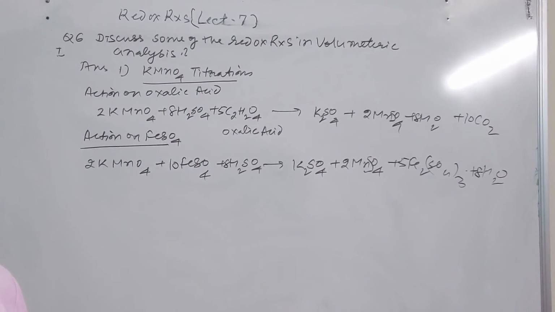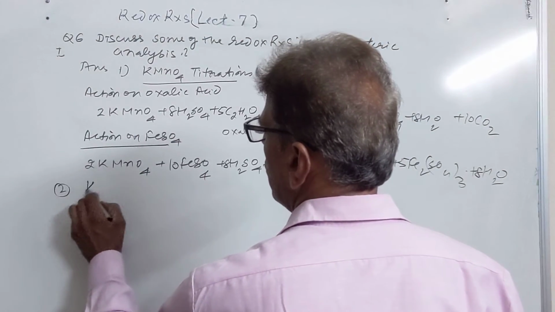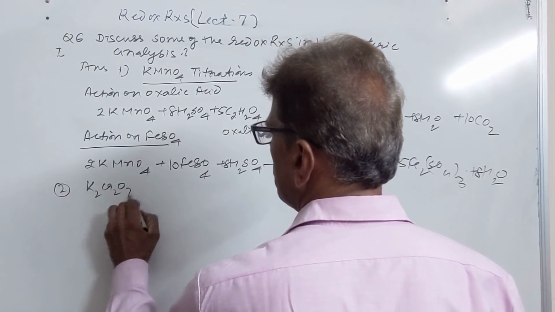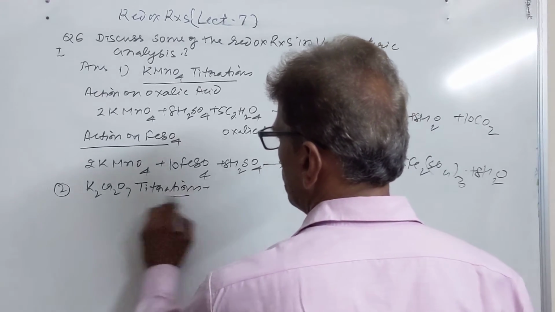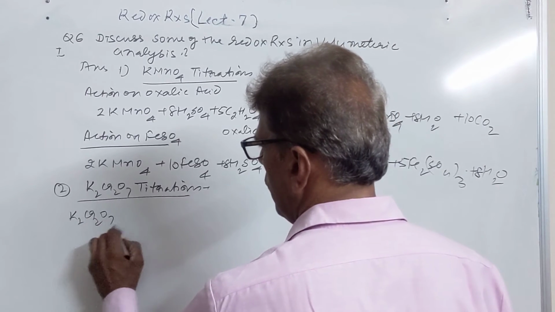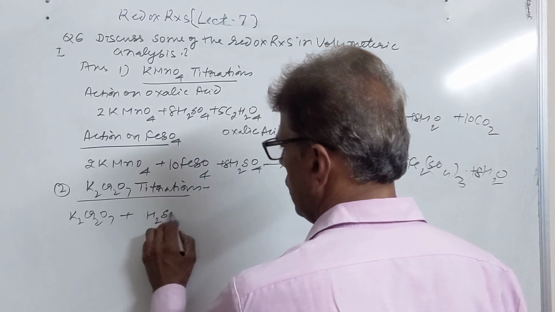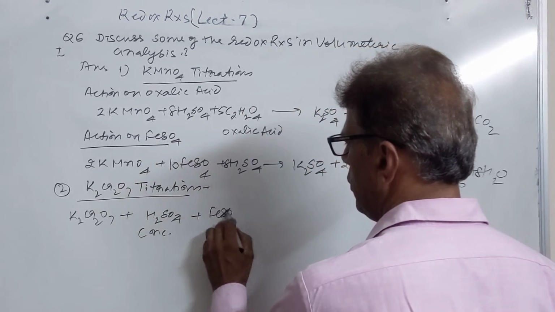Then we have potassium dichromate titrations. Second is potassium dichromate titration. Here K2Cr2O7 combines with concentrated sulfuric acid and ferrous sulfate.